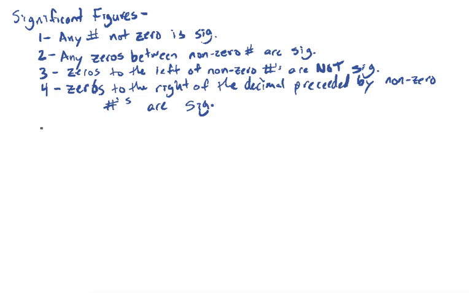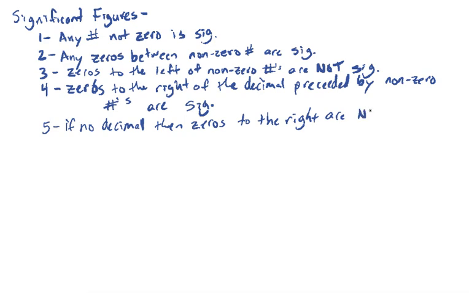And then the last rule we have here, our fifth rule, is that when a decimal is not present, zeros to the right are not significant unless otherwise stated. So if no decimal, then zeros to the right are, again, not significant.